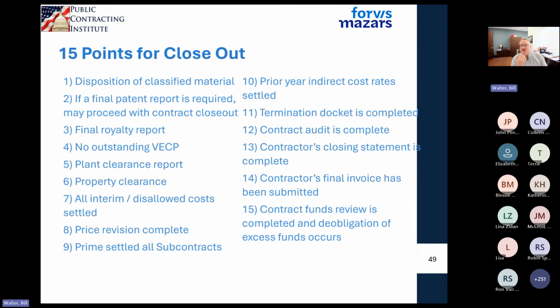For all this admin paperwork that has to be done, can the contractor bill against that, or is it a business expense they absorb? Well, it's a great question, Elizabeth. Most companies will take that cost and include it in their overhead or their G&A rate. Now, if there's requirements that have to be done by contracts people or accountants that are on a project, oftentimes those companies will keep those individuals charging direct to the contract.